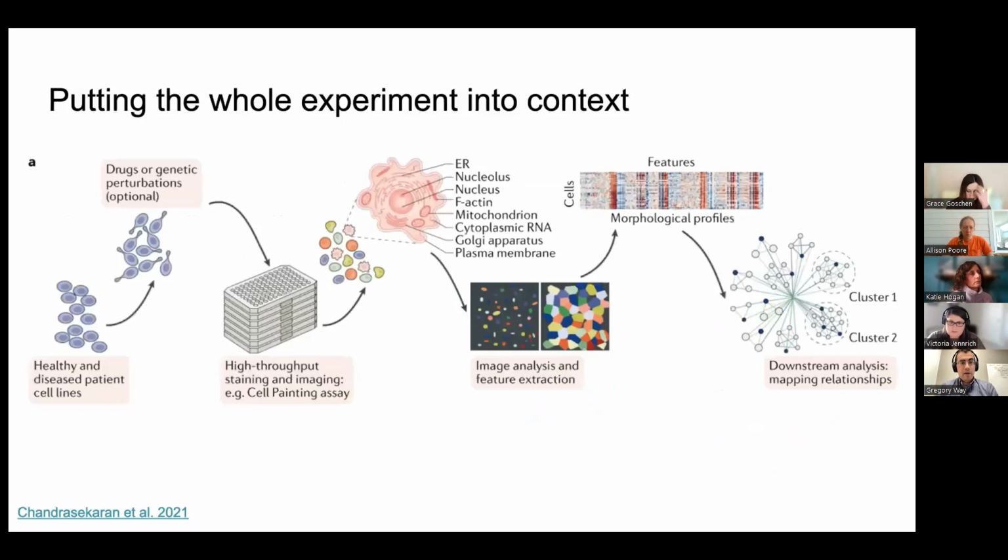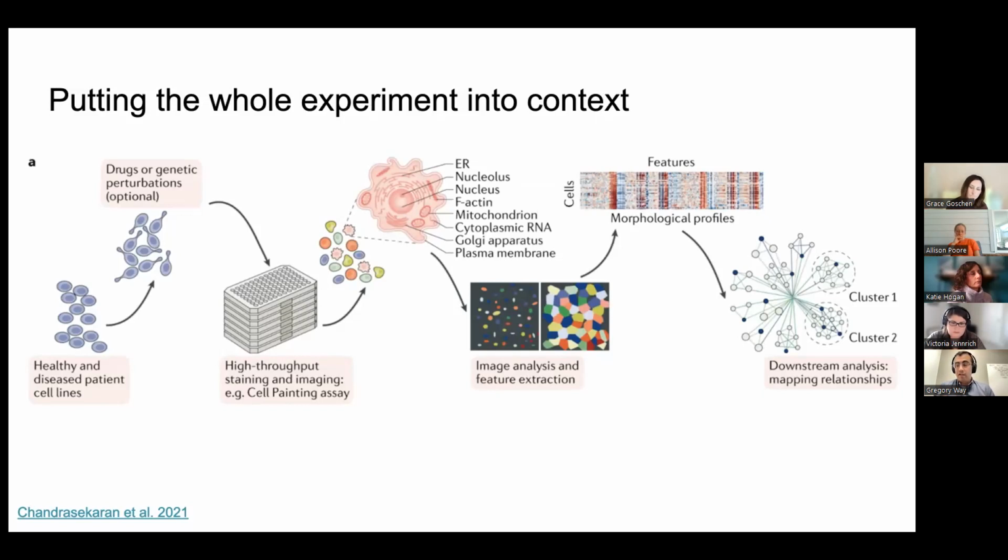And so putting the entire experimental design into context on this one slide, we start with our cells of interest. These are cancer cells, or these are healthy cells, some sort of disease. We perturb them with a drug library or genetic perturbations, any sort of way of changing the cellular phenotype.